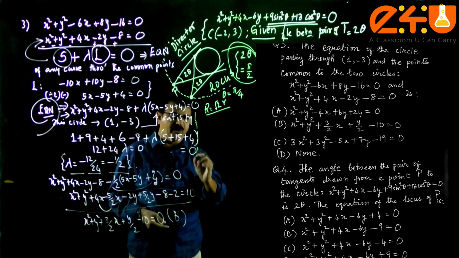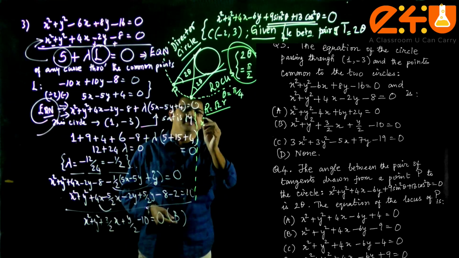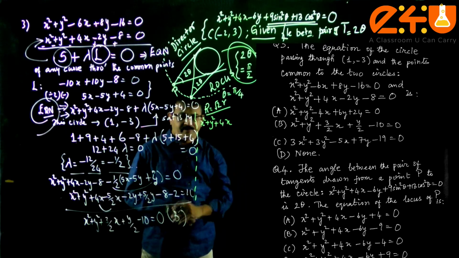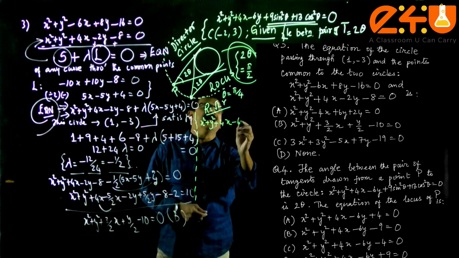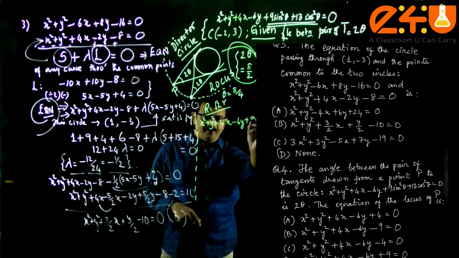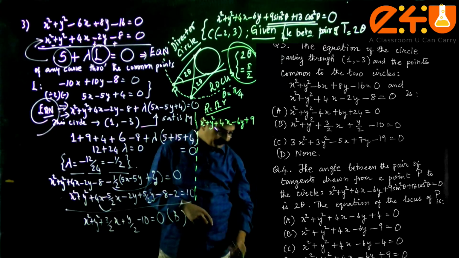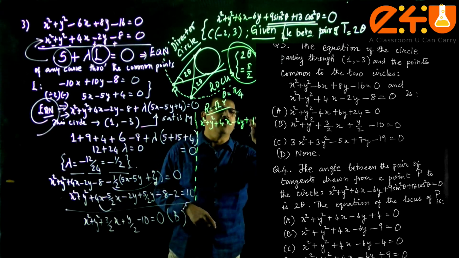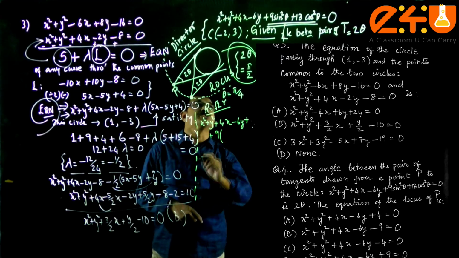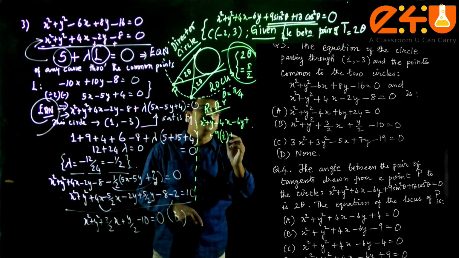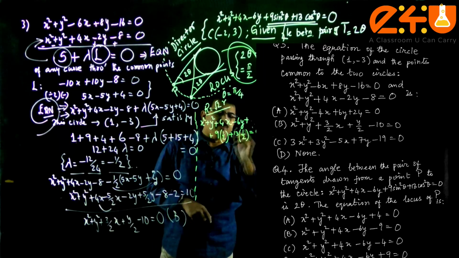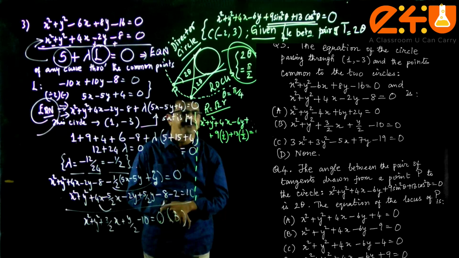The given equation becomes shortened, I mean I get a numerical value: x square plus y square plus 4x minus 6y plus 9 sine squared of pi by 4, which is 1 by 2, plus 13 cos squared of pi by 4, also 1 by 2, equals 0.